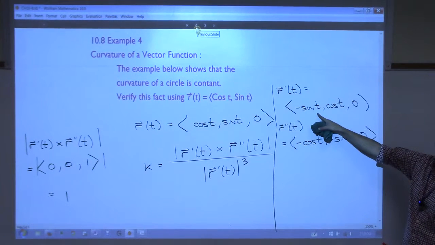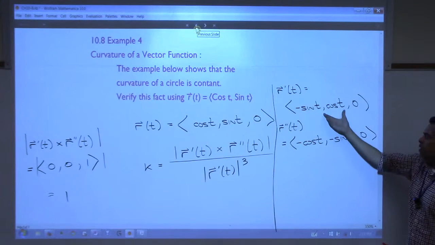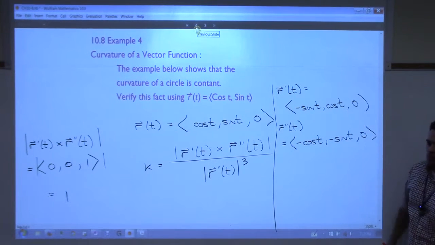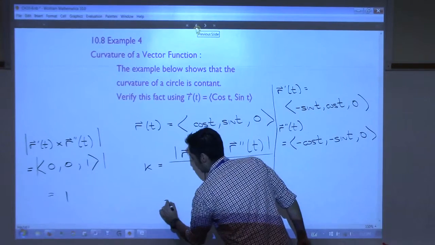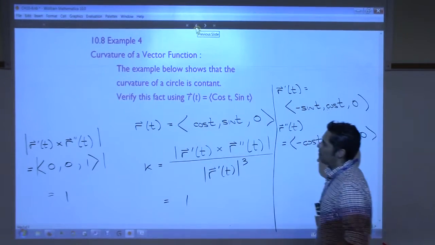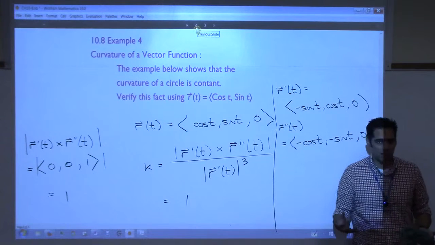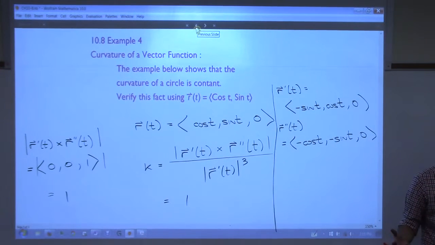But what's the magnitude of this? It's 1. So 1 over 1 is 1. So the curvature is 1. That's boring, right? But you get the idea of how you would use that formula. And not only that, if you have a two-dimensional vector function, how you can extend it into three-dimensional so that you can get the curvature using the second formula.